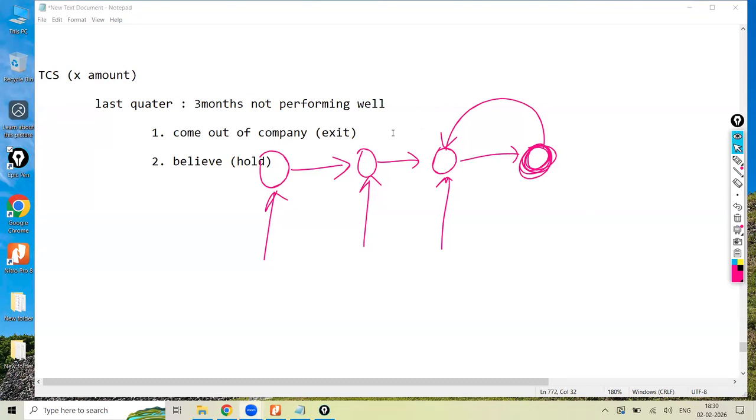Now whoever is going to exit from the company, their brain is RNN. Their brain only is RNN. They will react to the latest one. They will not react by keeping the old scenarios in mind. Okay, this one performed well, sometimes it dropped in between, again it has risen. Even the 2008 crisis was there in the market.